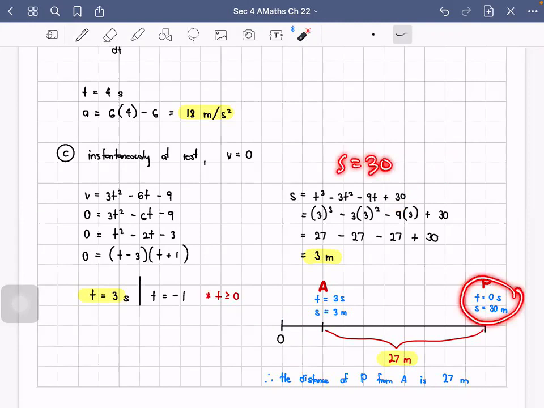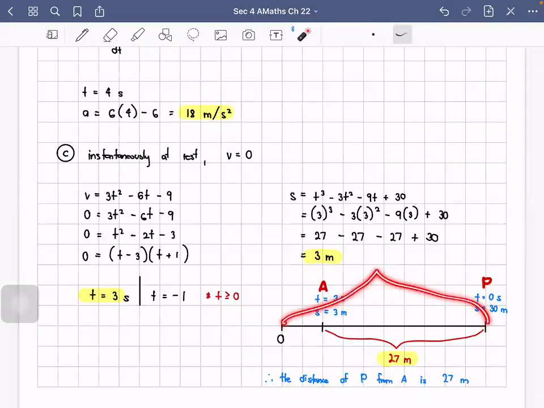So even before this particle moved, it's already 30 meters away from the origin. It didn't start from the origin. It started at this point here, which is point P.